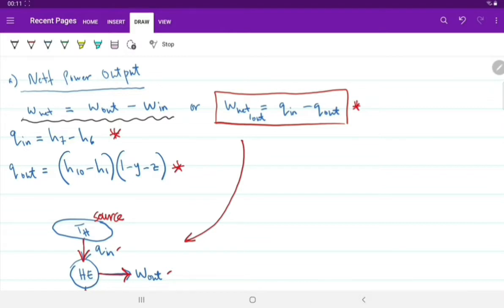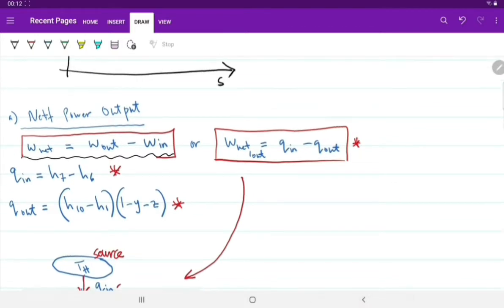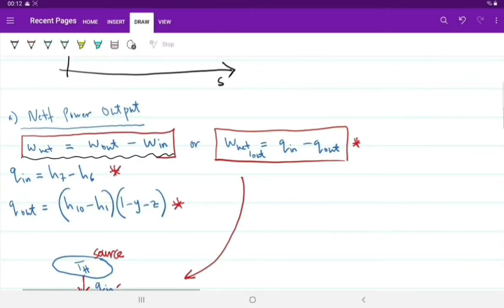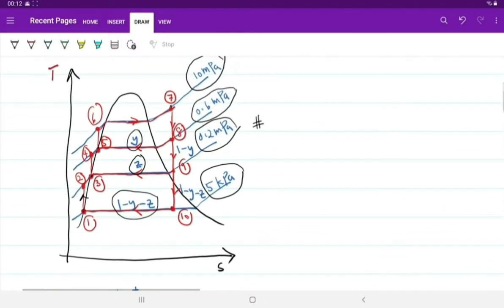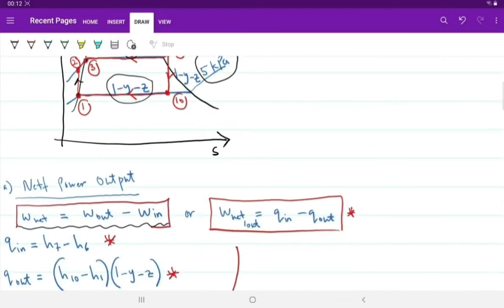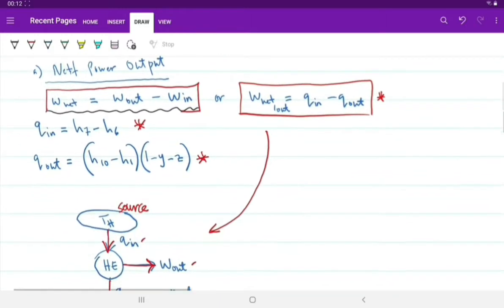Okay, if we want to use the other equation, you can. But then you have to find W out, which is in the turbine, and W in, which is from the 3 pumps. So by looking at the conditions for W out and W in here, you have to do a lot more analysis for the 3 pumps and 1 turbine. So it is much simpler if we use W net equals Q in minus Q out.